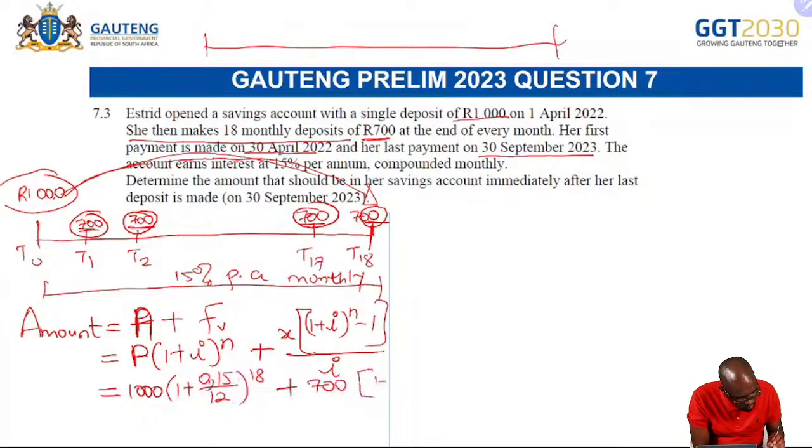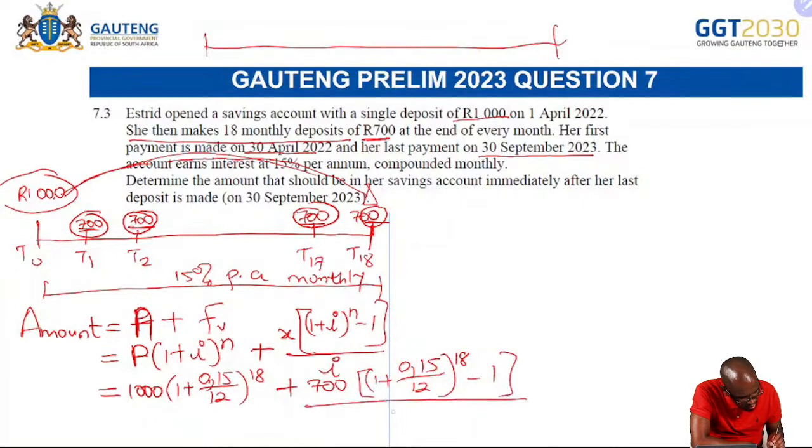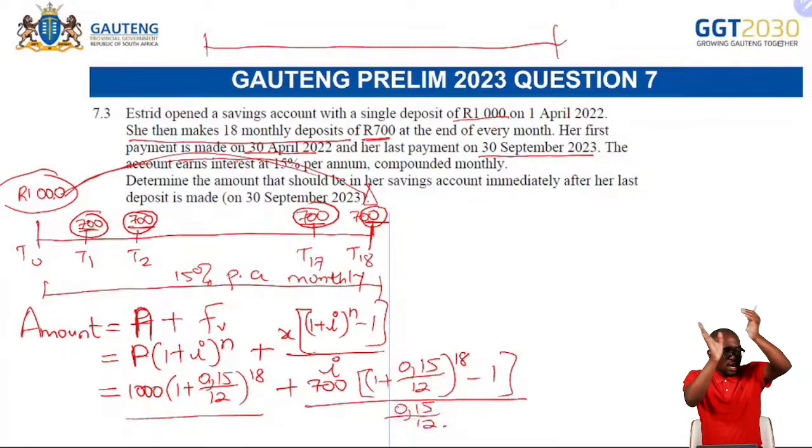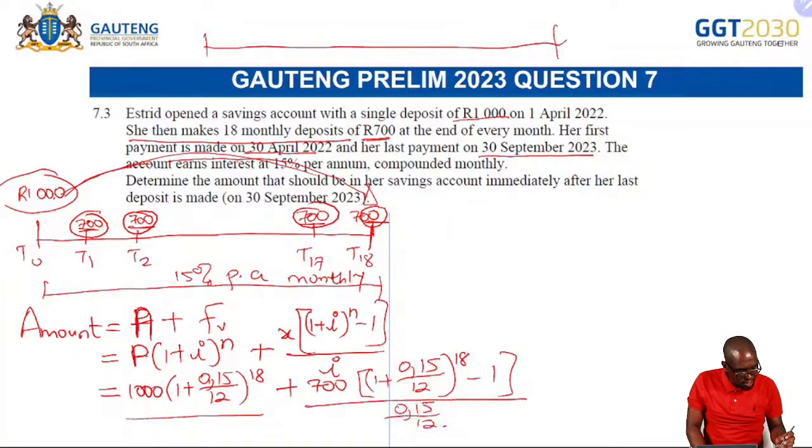It grows at an interest rate of 0.15 divided by 12, for I'm making 18 of those payments, minus 1, divided by 0.15 over 12. So you can see that I grew this using compound interest because the amount stays there for 18 months. Remember, n in the compound interest formula represents the duration of the investment, but n in the future value annuity represents the number of payments that have been made.